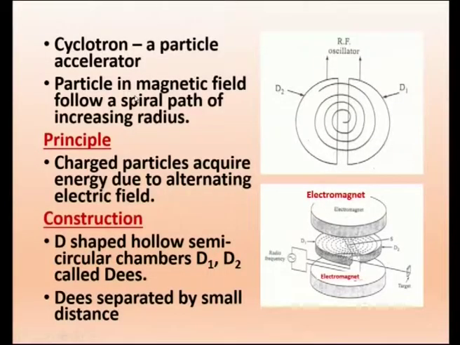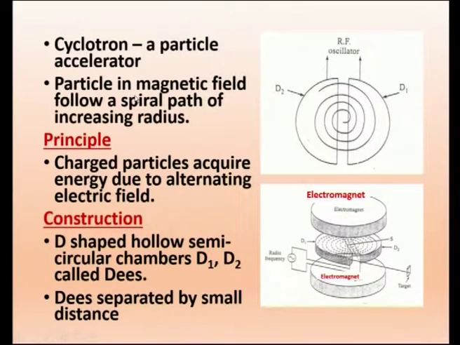Here the magnetic field is for bending, that is for steering, and the RF oscillator electric field is for accelerating the particle. So the charged particle gets accelerated by the RF oscillator electric field, and takes a circular path due to the magnetic field. So both are applied here.